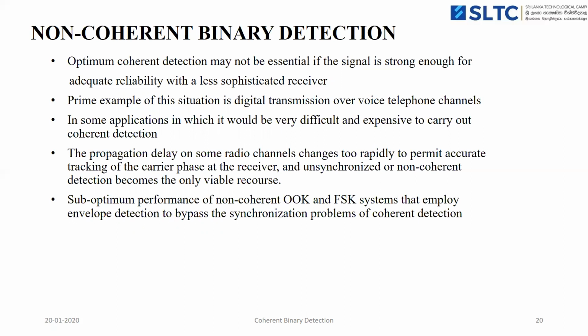And coherent detection, in some applications, will be very difficult and expensive. If the propagation delay on some radio channel changes too rapidly to permit accurate tracking of the carrier phase at the receiver, unsynchronized or non-coherent detection becomes the only solution for this kind of situation, because if the propagation delay changes rapidly, it is very difficult to track the carrier phase at the receiver.